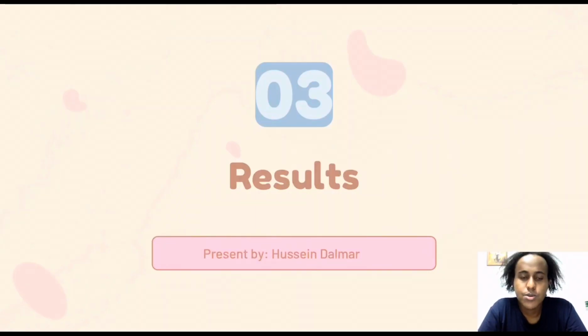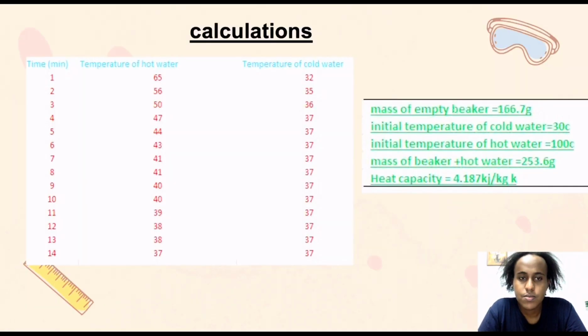Hello, my name is Hussein Dama. This is my result, and this is the table we got from the data we collected in the lab. We recorded time from 1 minute to 14 minutes, the temperature of hot water, and the temperature of cold water.